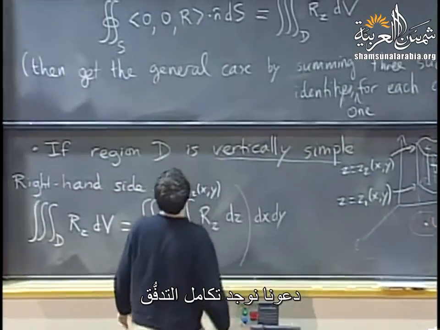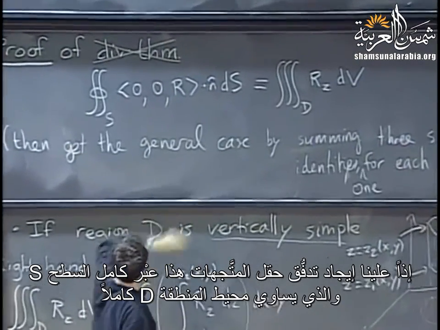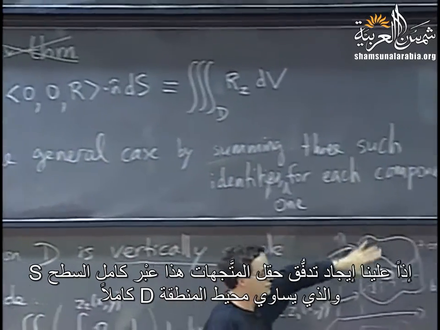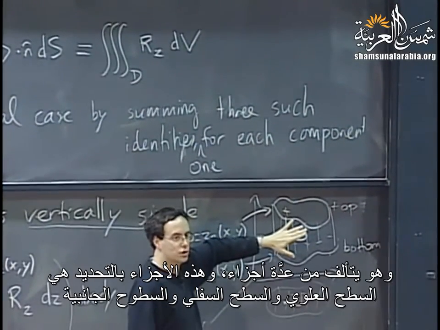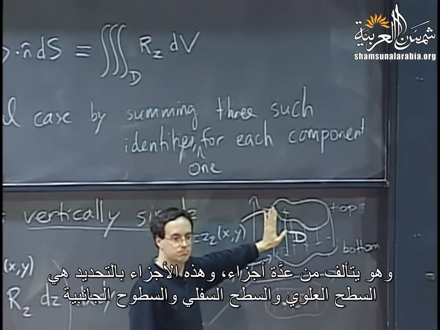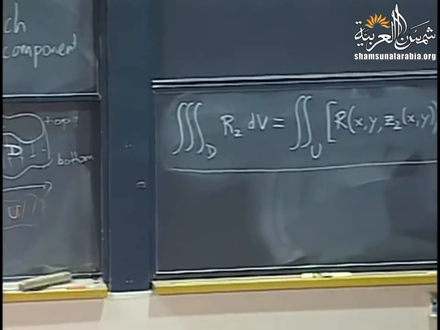So let's look at the flux integral. Okay, we have to look at the flux of this vector field through the entire surface S, which is the whole boundary of D. So that consists of a lot of pieces, namely the top, the bottom, and the sides. Okay, so the other side.